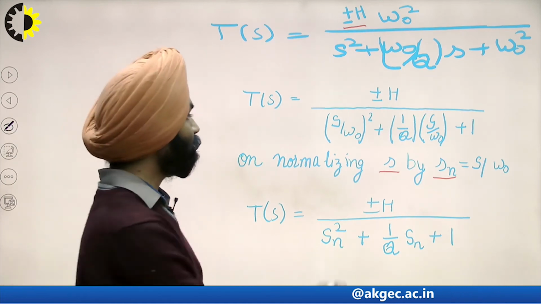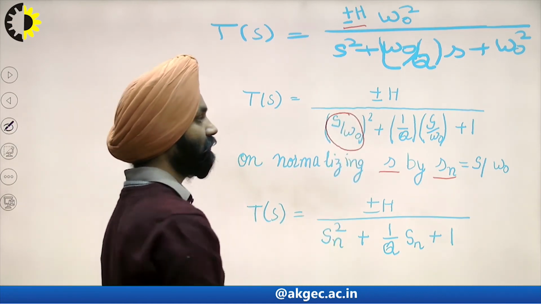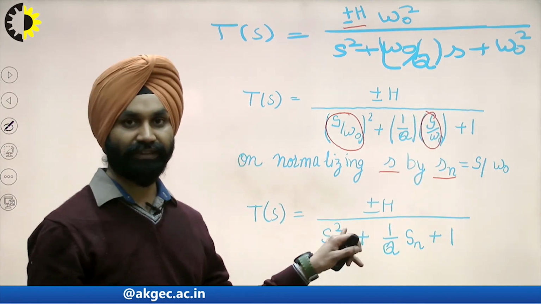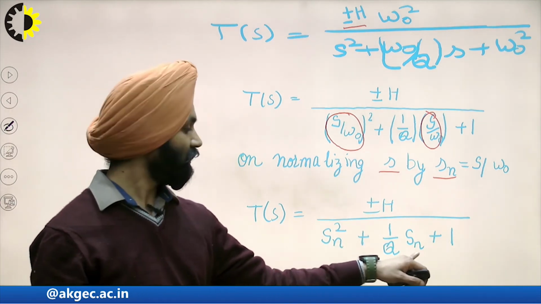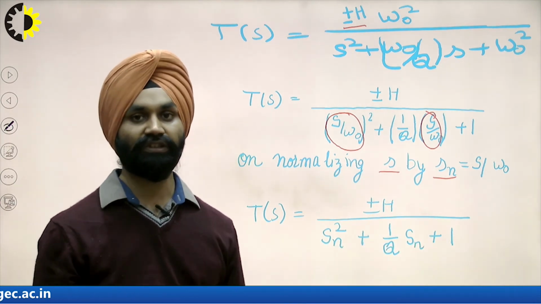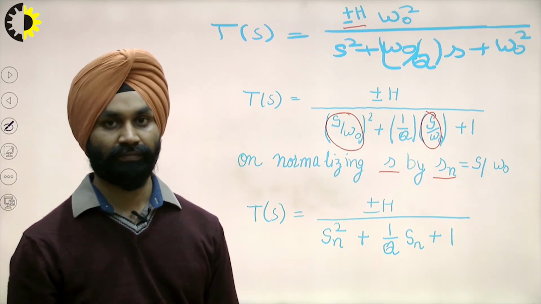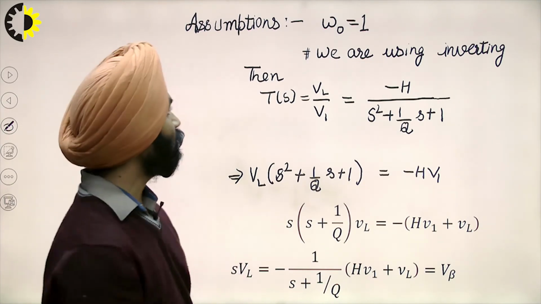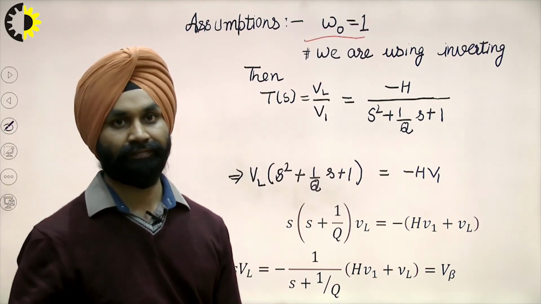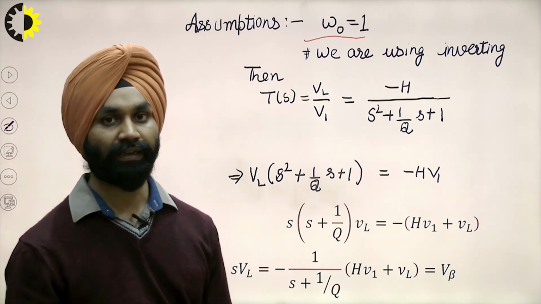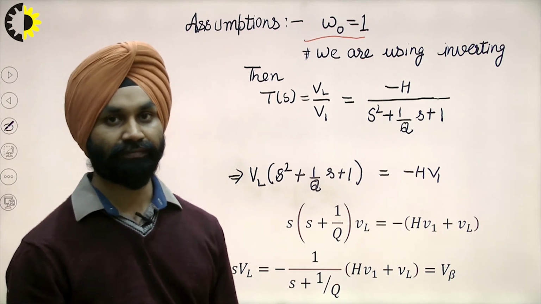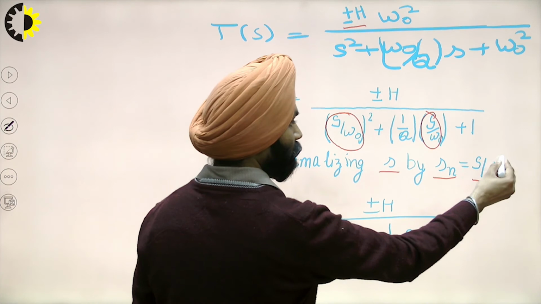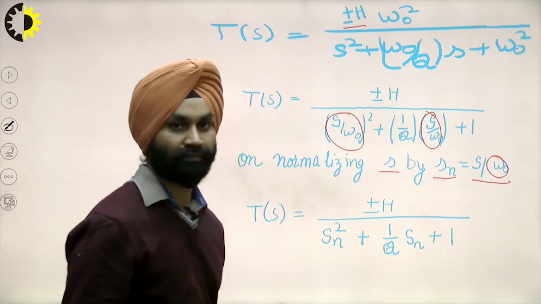So, we can replace this whole term by Sn, and write plus minus H upon Sn square plus 1 upon Q Sn plus 1. This is just for simplicity. Further, to simplify, we assume that omega naught is equal to 1. That means we can revert Sn back to S. Sn was equal to S by omega naught, so when omega naught is 1, Sn will be equal to S.